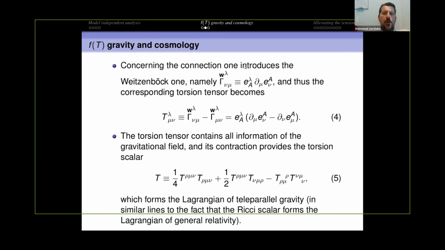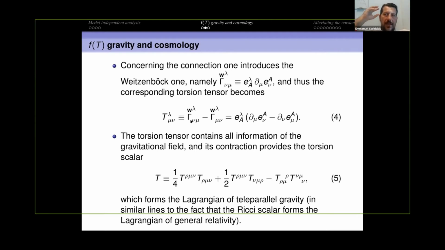And we impose the Weitzenböck connection instead of the Levi-Civita connection. So this by construction leads to zero curvature. And the difference of two connections, remember now the connection is not symmetric, we define the torsion tensor in this way. So all the gravitational information is embedded in this torsion tensor.